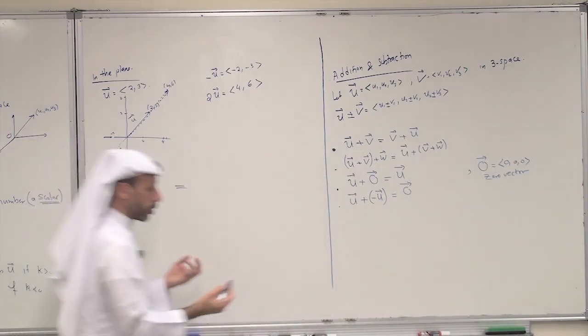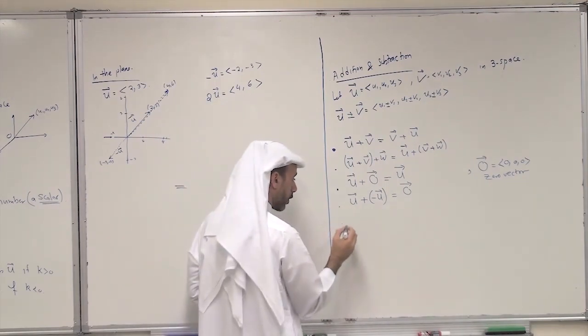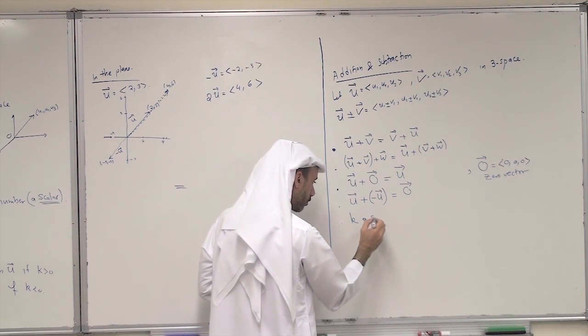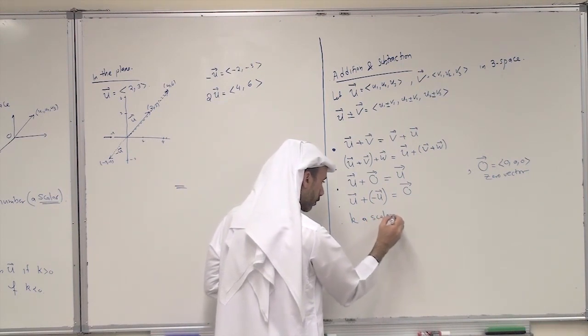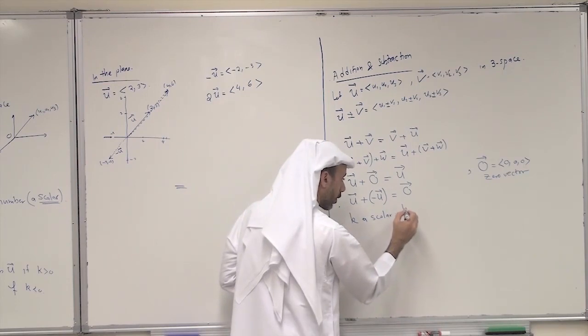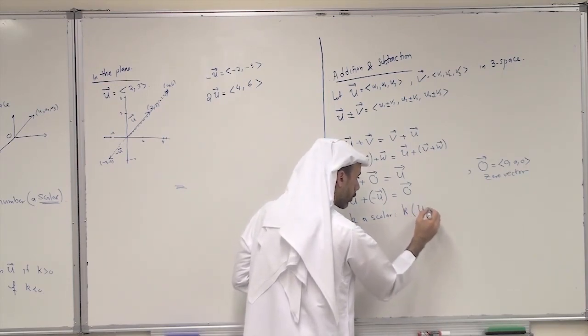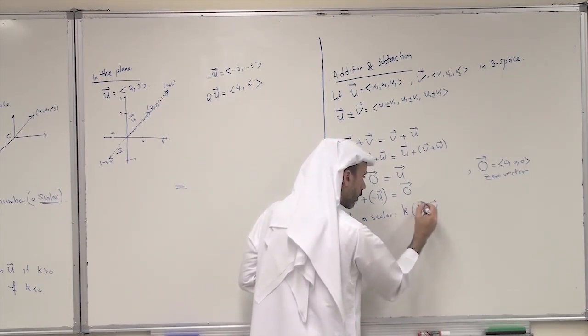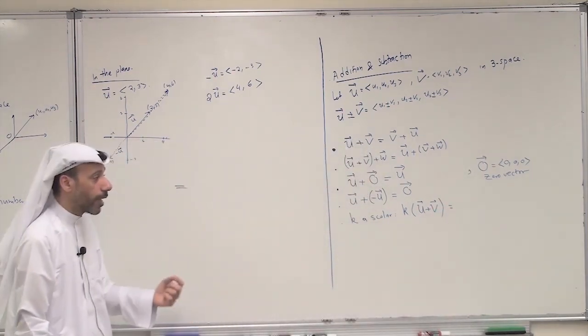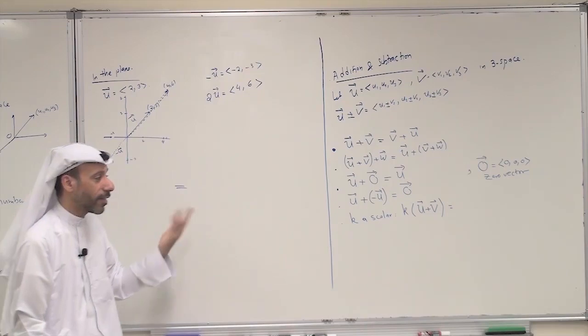And for scalar multiplication, if we have K, a real number, a scalar, then if you have K times the sum of two vectors, you can just multiply each vector by K and then add.